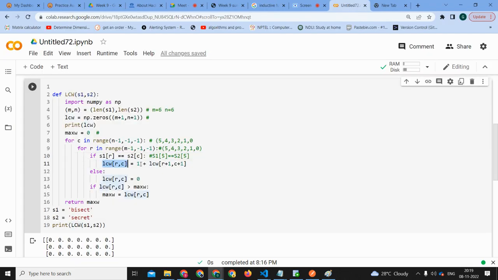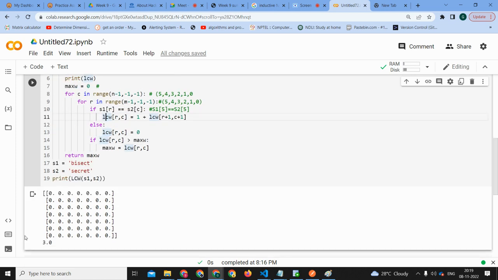All right. So LCW equal to 1 plus what is this? LCW, we have this matrix. So LCW of 5, 5 equal to 1 plus LCW of 6, 6. That's what Vikram told.